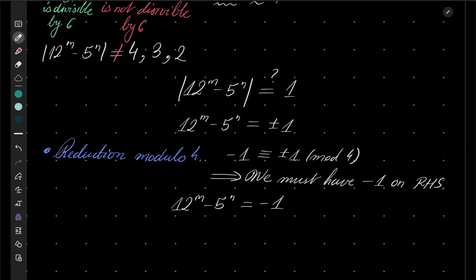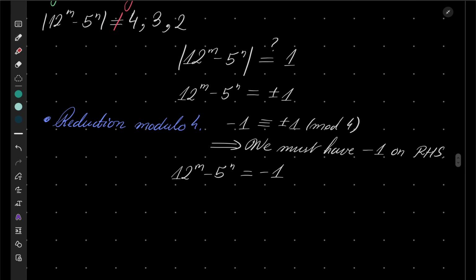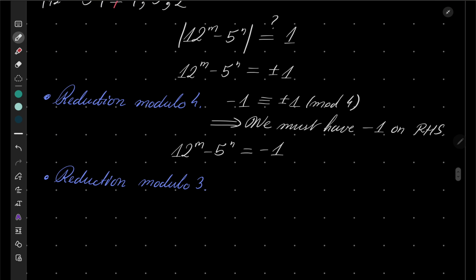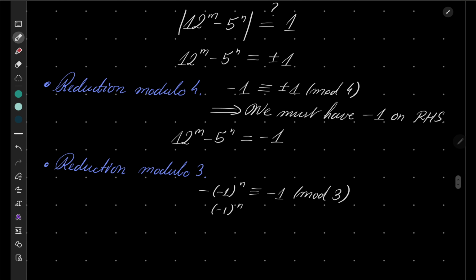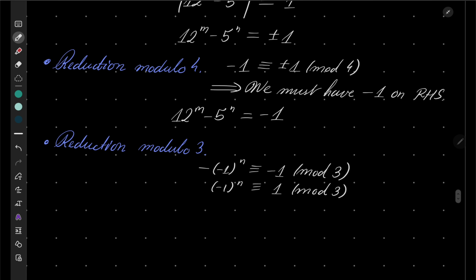Is it possible? Again, the answer is no, unfortunately. Why? Let's reduce it modulo 3. After reduction, minus 5 is congruent to minus 1 modulo 3. So minus 1 to the power of n is congruent to 1 modulo 3.